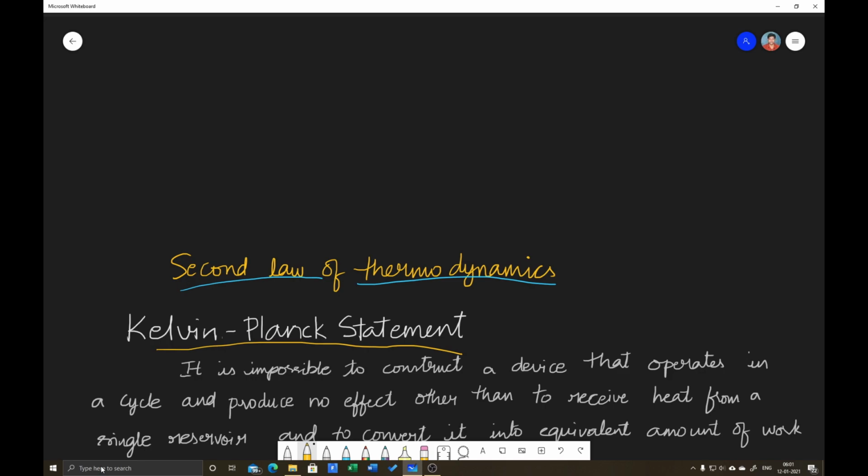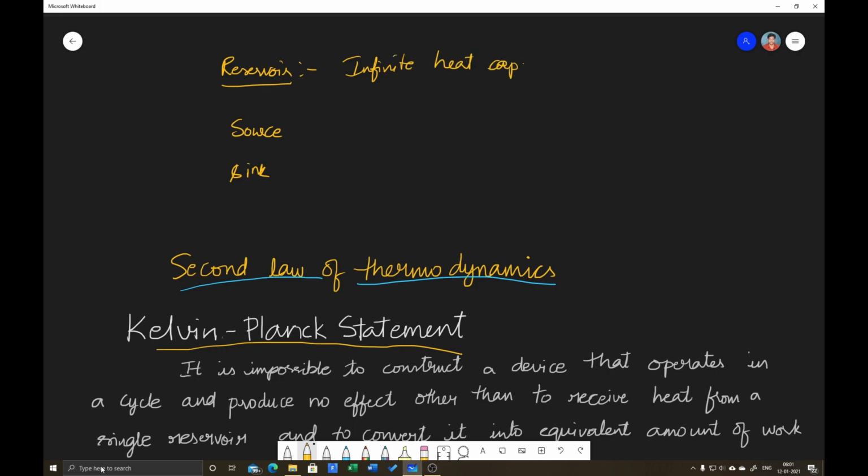Before going to the statements, we should understand some terms like reservoir, source, sink. Okay, so a reservoir is a space of infinite heat capacity.